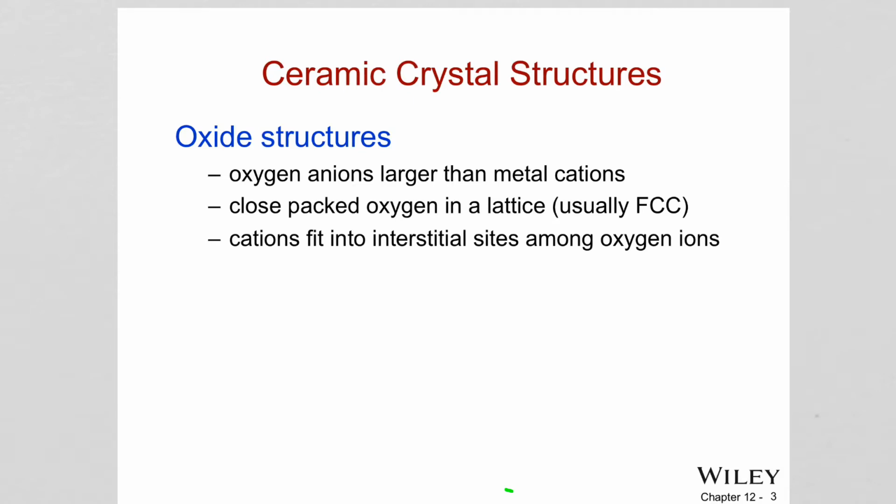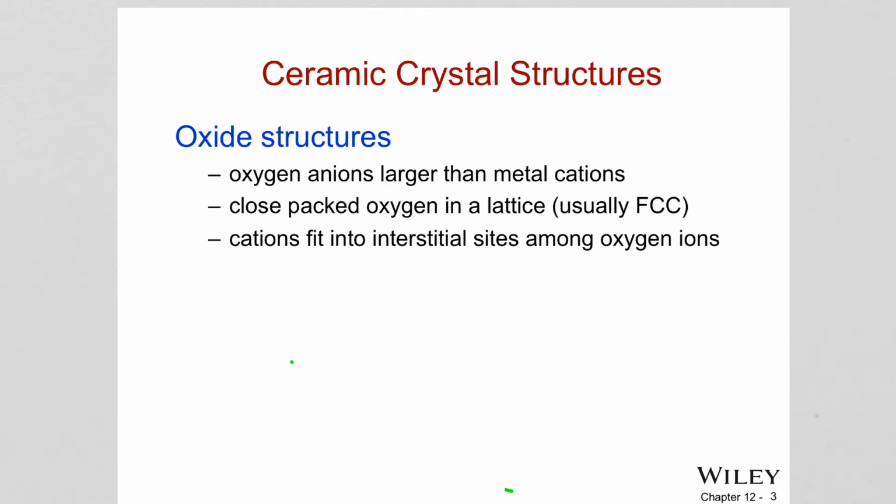So for the overall crystal, the crystal must be neutral. So all the cation positive charges must be balanced by an equal number of anion negative charges. And the chemical formula of the compound will indicate the ratio of cations to anions, and the composition should achieve this balance.